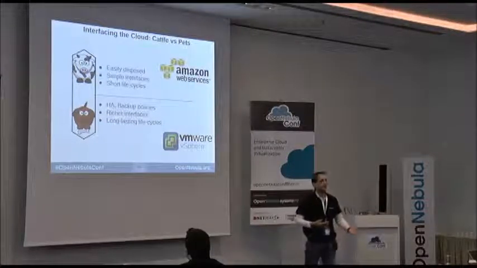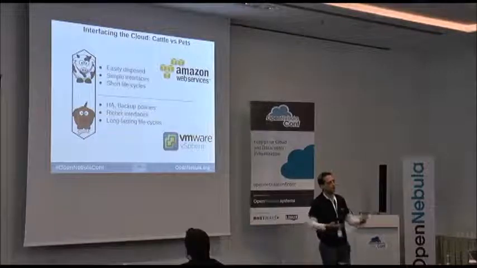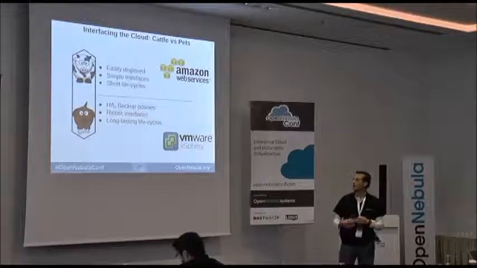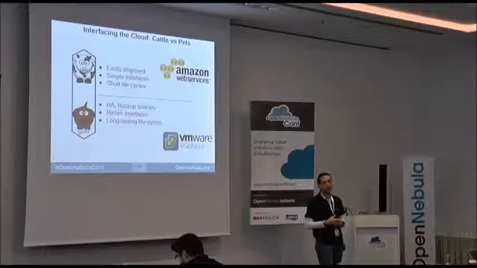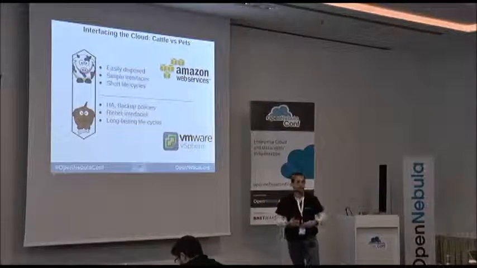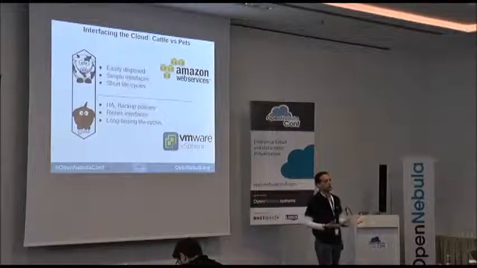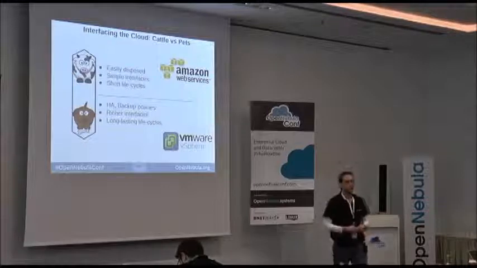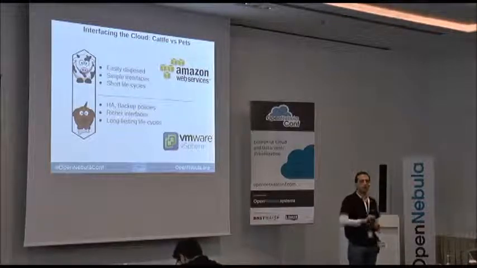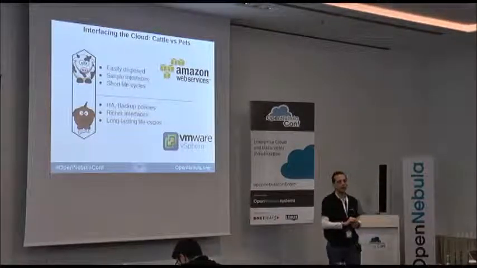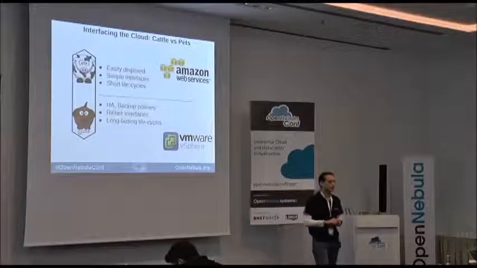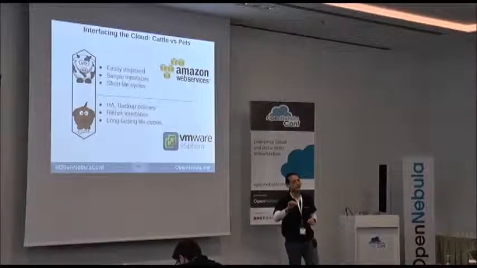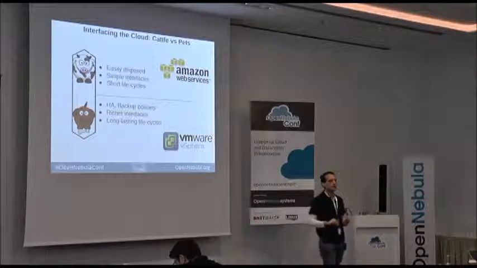Persistency of the data has to be handled elsewhere, and you have to be aware of that. Usually, in that model, what we have seen is that users are exposed to very simple interfaces. The set of API actions or the interface actions that can be performed over the VM are very simple.